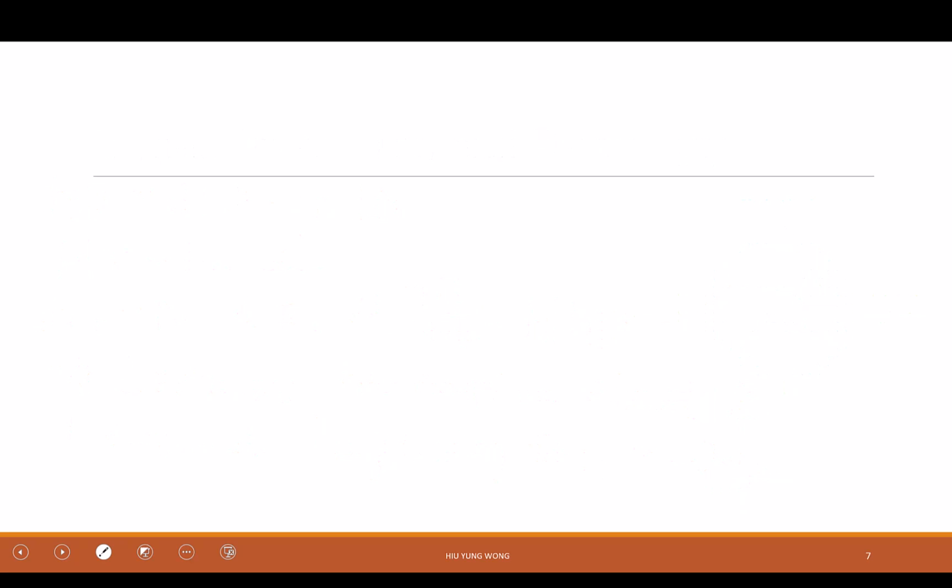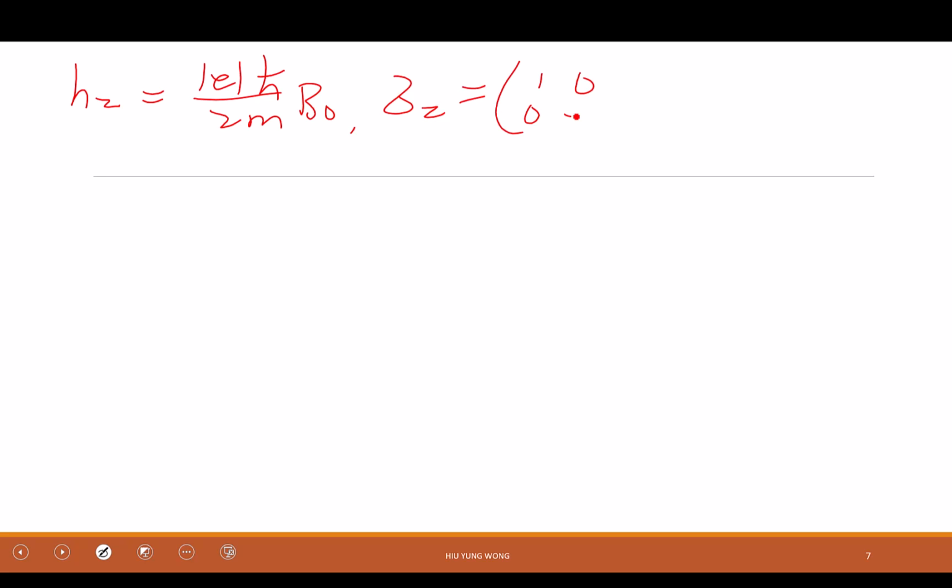Now, we know that hc equals e h bar divided by 2m B0. Of course, we also know sigma z is just equal to the matrix 1, 0, 0, negative 1, which is not important here.